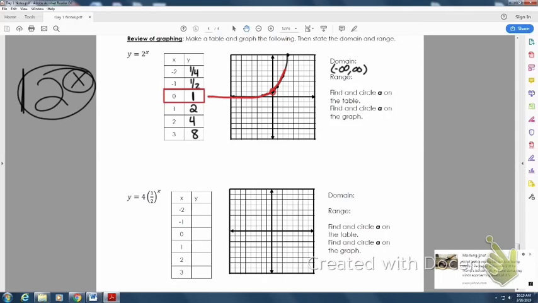Okay, it's getting closer and closer to 0. And it never touches it. But what is that line called that it never actually touches? Asymptote. Okay, so we're going to have horizontal asymptotes on this. And if it never touches it, then I need parentheses. And your asymptote will always be somewhere in your range. Okay.